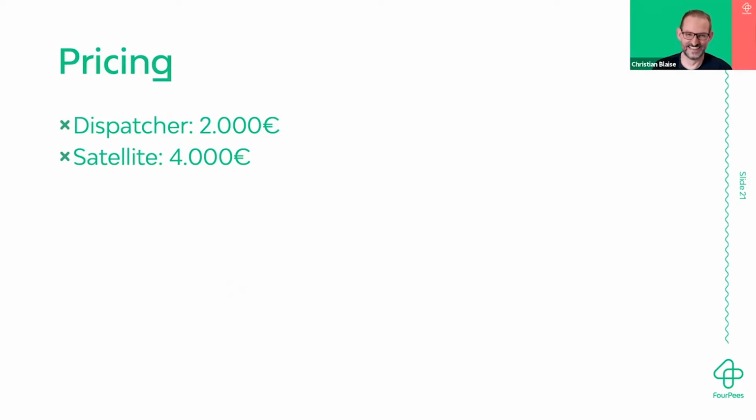But pricing first. So the dispatcher is always the same price. It is half of a normal license, so 2,000 euro. And then a satellite is, in fact, I say 4,000 here, but that is not necessarily the case even. A satellite is, in fact, a regular pdfToolbox server license.